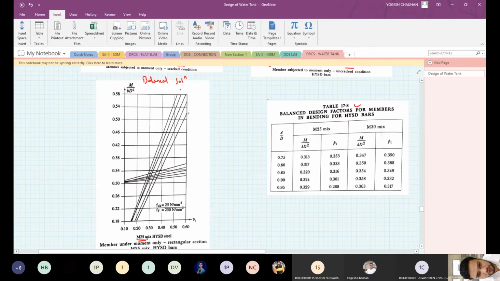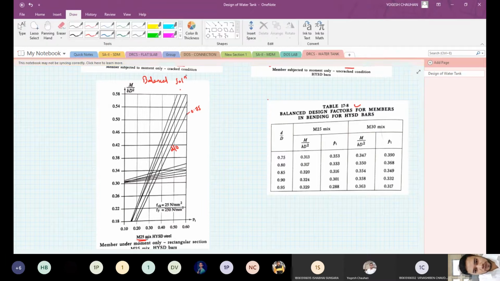See, this is your 0.75 d by D ratio. These are d by D ratios: 0.75, this is 0.8, then this is 0.85, then this is 0.9, and this one is 0.95.